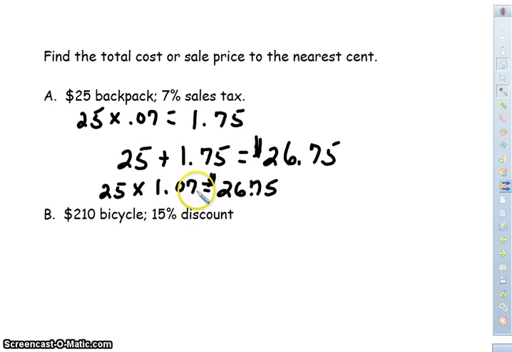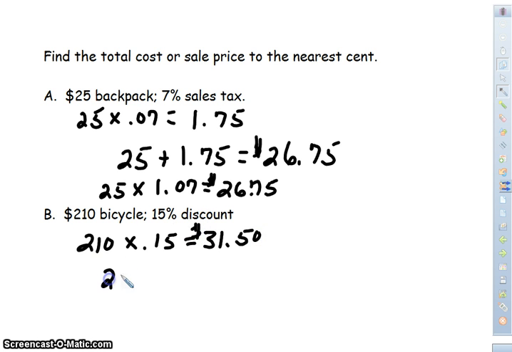Most of you are using method 2, but there are probably about a fifth of you that are using this, which is great. Discount 210 times my 15%. Okay, again, I'm trying to find what 15% of 210 is. So when I do that, 210 times 0.15, and I get 31.50.